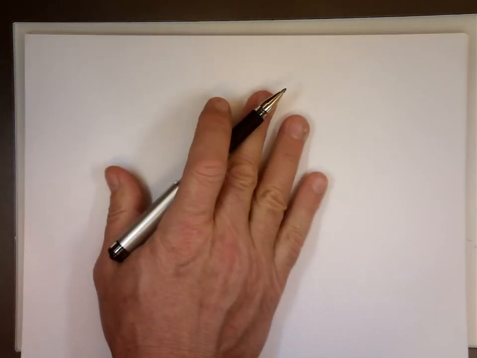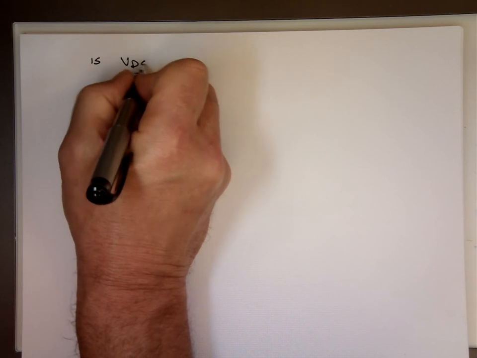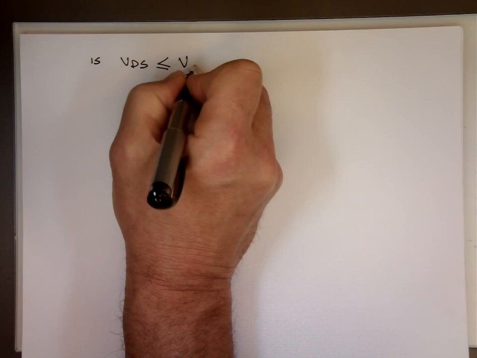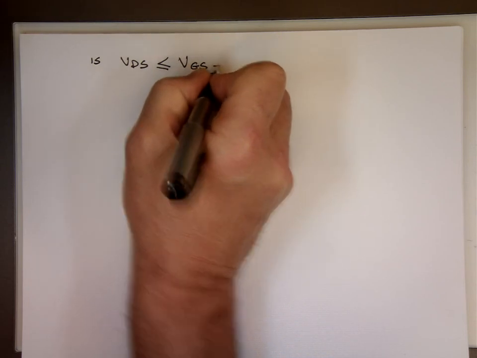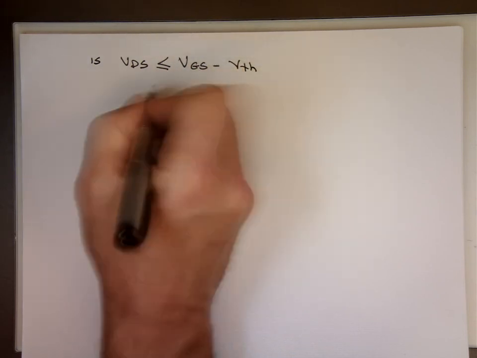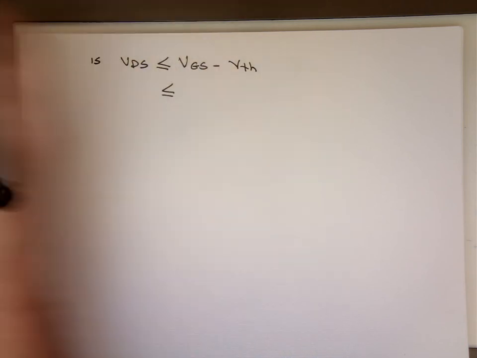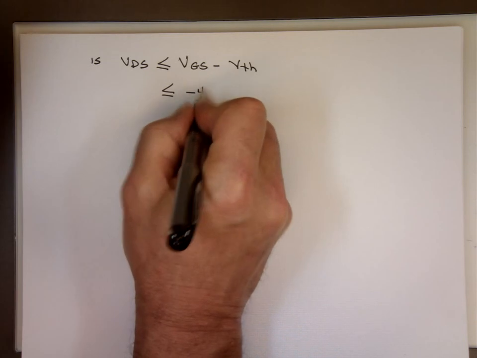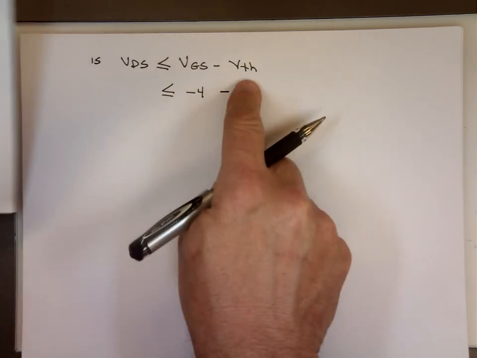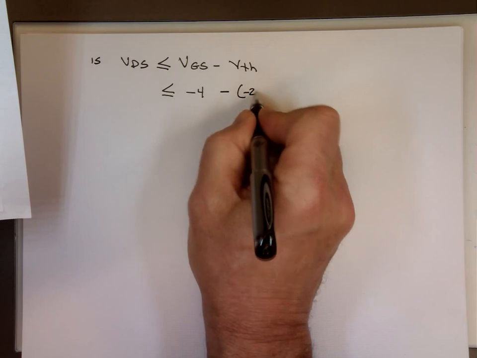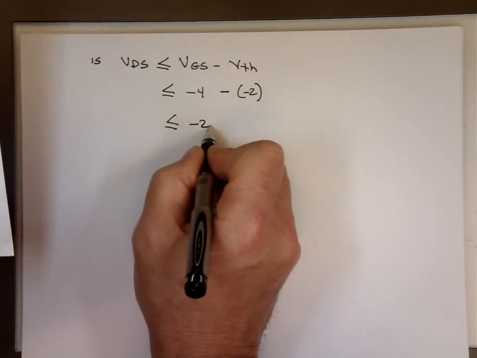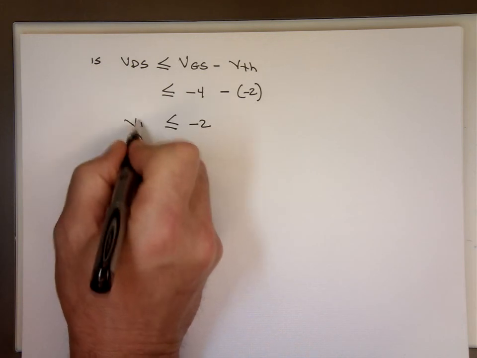Is VDS less than or equal to VGS minus V threshold? Well, I know VGS, I just calculated that. It's -4 minus the threshold voltage, which is -2. So what's that number? That's a -2. Is VDS less than -2?